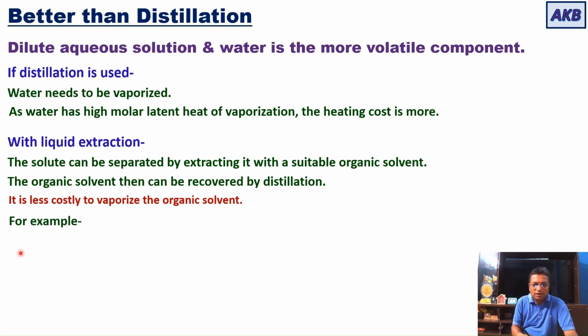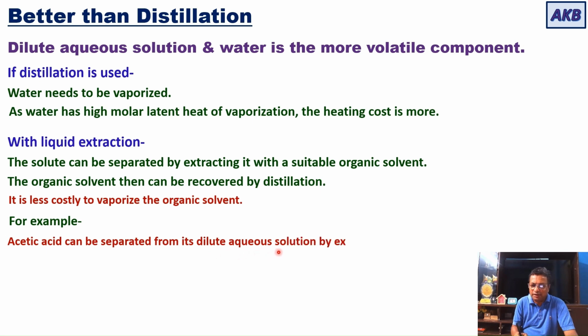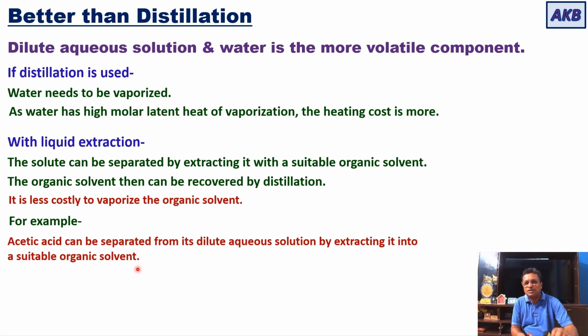So if you want to know about a specific example, for example, acetic acid can be separated from its dilute aqueous solution by extracting it into a suitable organic solvent. So when components from dilute aqueous solutions are to be separated, and when water is the more volatile component, then liquid extraction is a better choice.